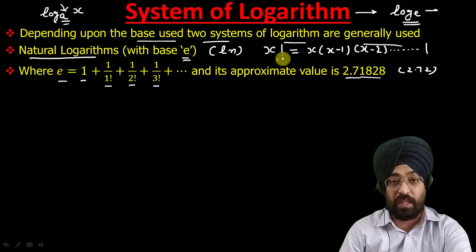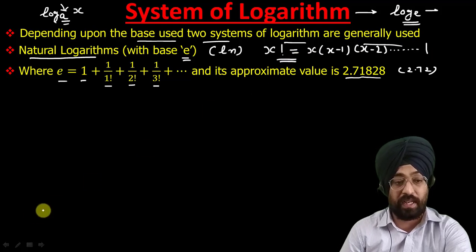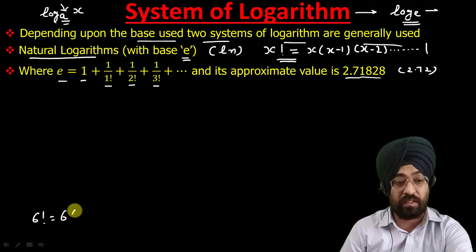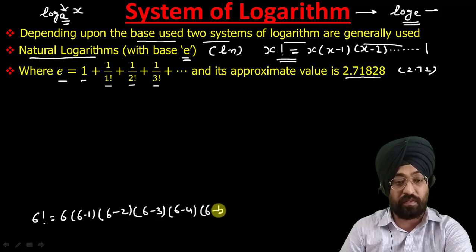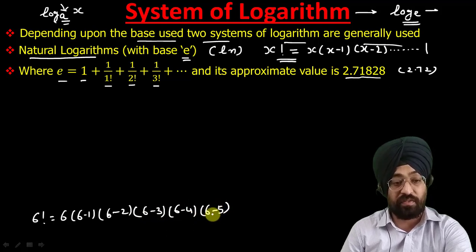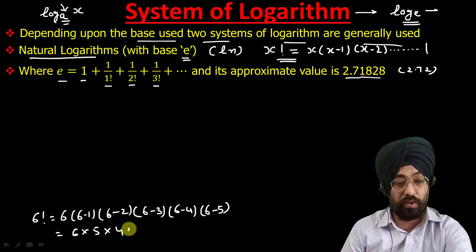Now if we apply this to, suppose, 6 factorial, then 6 factorial is 6, 6 minus 1 is 5, 6 minus 2 is 4, 6 minus 3 is 3, 6 minus 4 is 2, 6 minus 5 is 1. So it is 6 into 5 into 4 into 3 into 2 into 1.